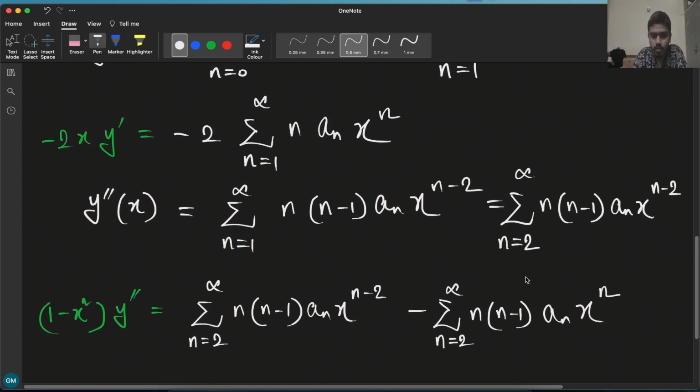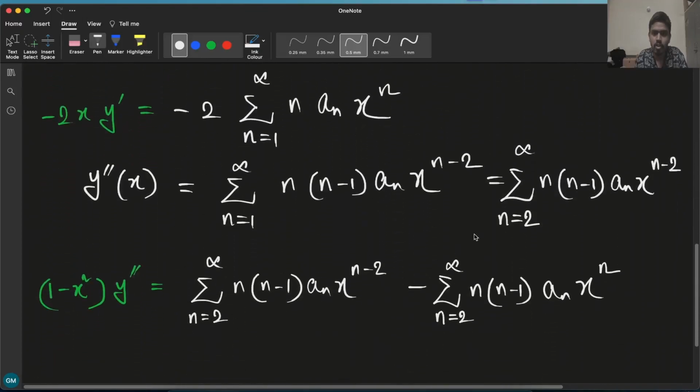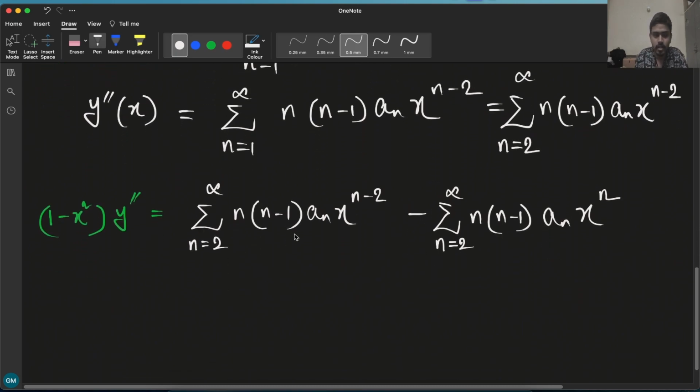Our goal is basically to put all these terms together in the differential equation and compare the coefficient of x to the power n. But you can see in this term x has a power of n minus 2.